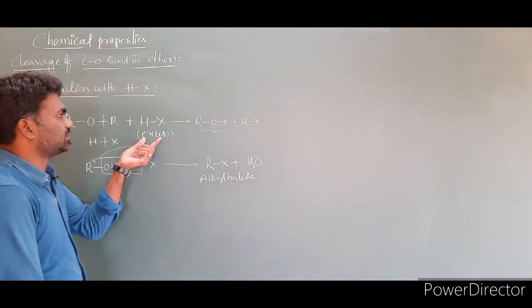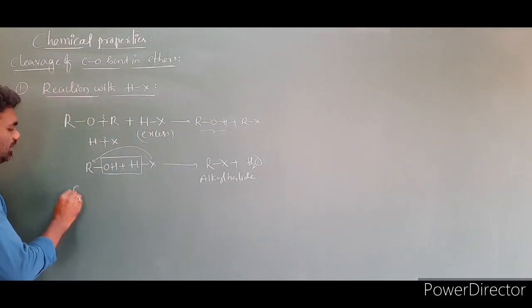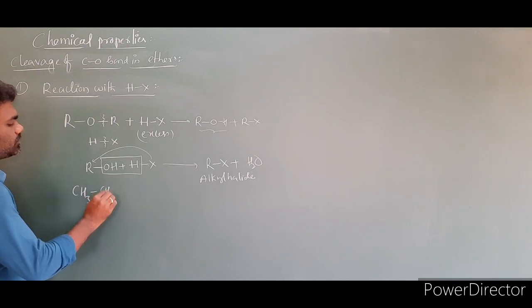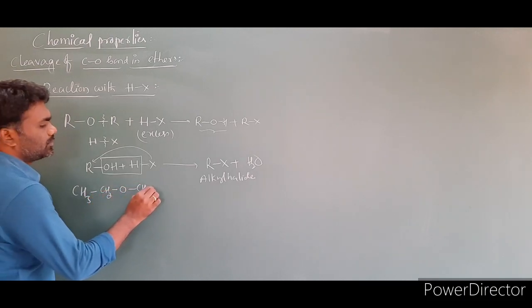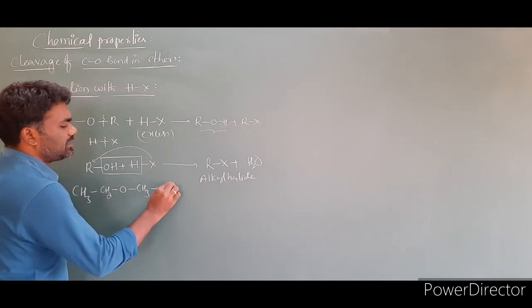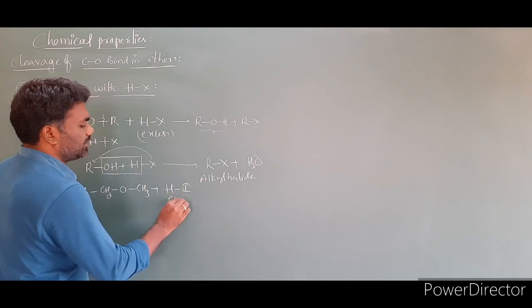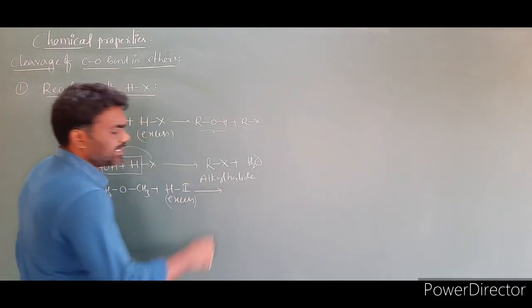If you take excess quantity of HX, we'll take one general chemical example. I'm taking CH3CH2OCH3. This one is treated with HCl or HI, excess quantity. Then what is the product we can expect here?